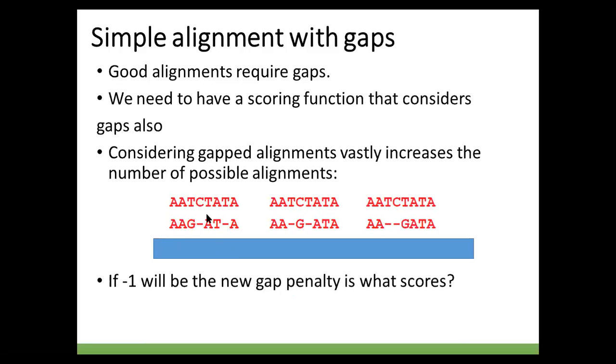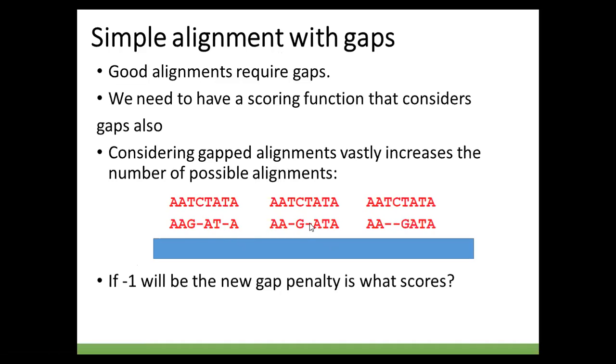Okay, so here they have used gaps and they have aligned it here. So considering the match score as 1 and mismatch score as 0 and a gap as -1, what are the scores of these 3 sets? Can you find out that now and let me know?